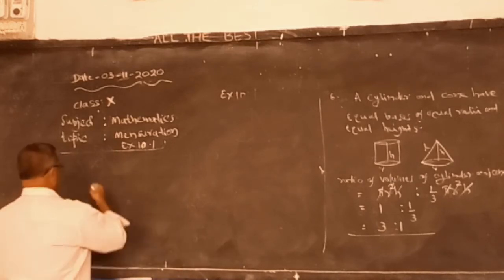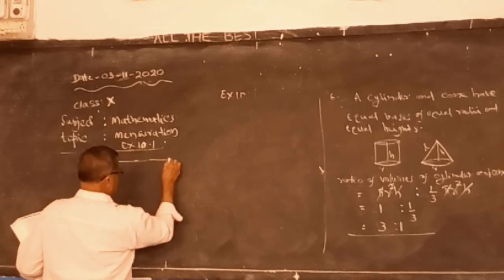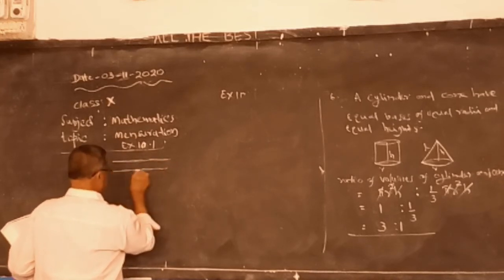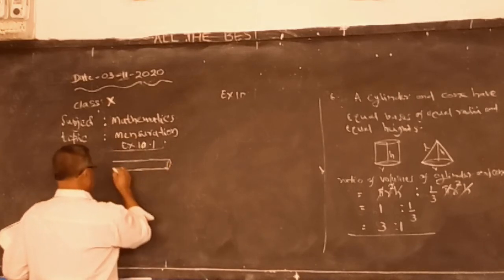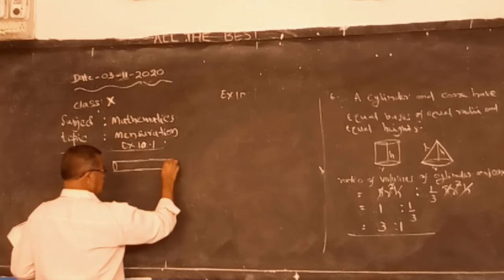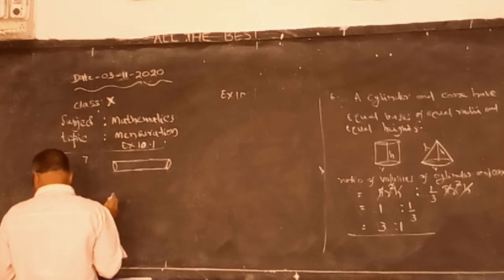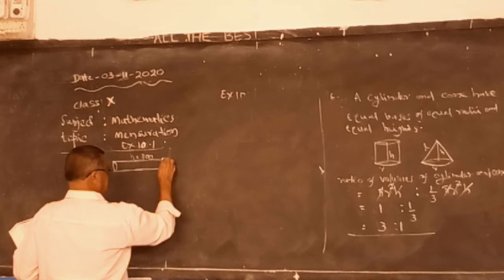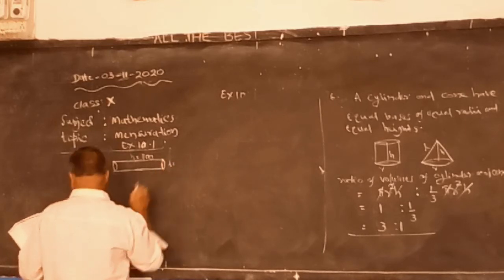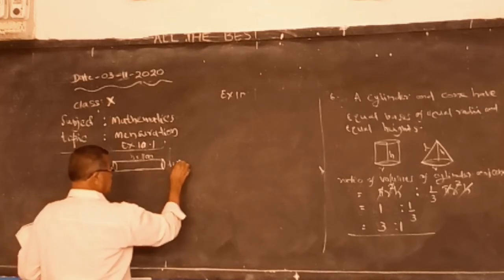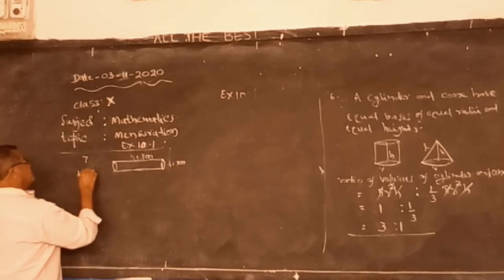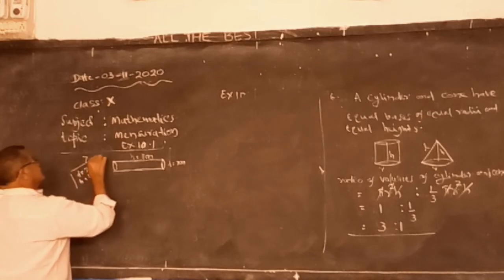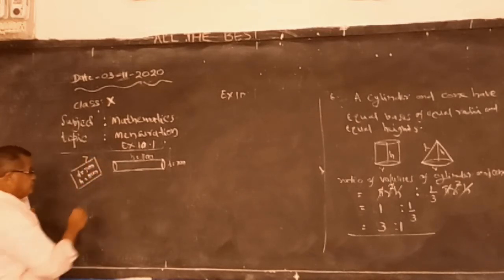In the box, write the given data: diameter d is equal to 7 centimeters and h is equal to 11 centimeters. Don't forget to write the given data.